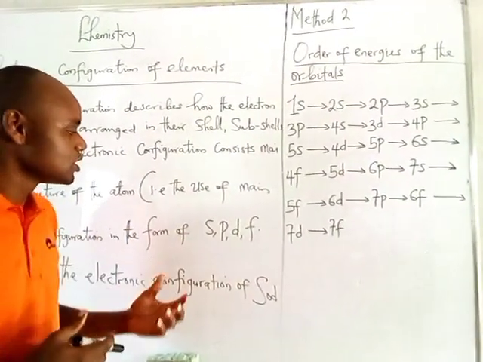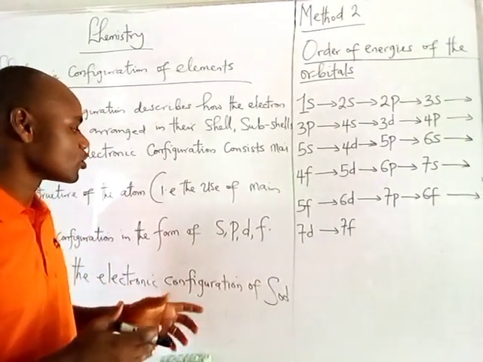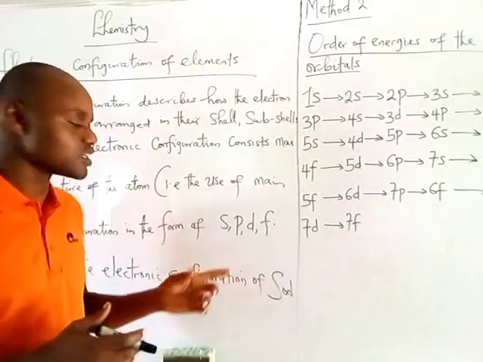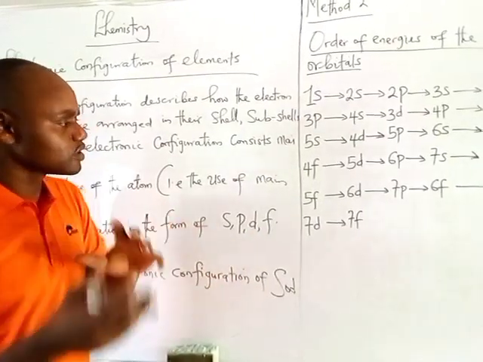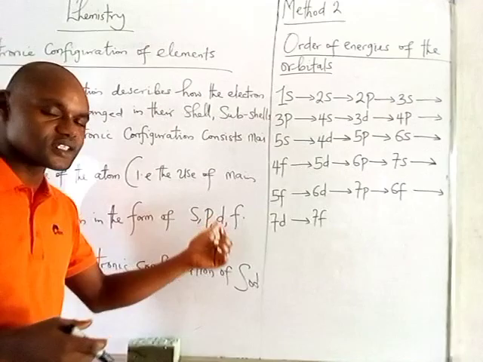So when we are filling these orbitals with electrons, we want to start from the orbital that has the lowest quantum level, and we say that is S, P, D, F. But before then, what is the meaning of S, P, D, F?